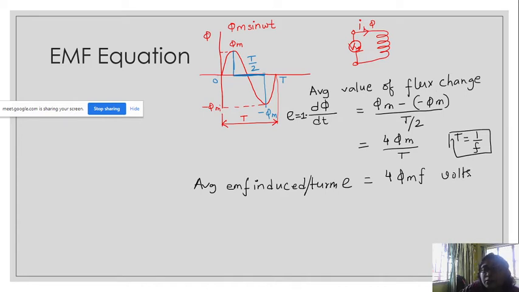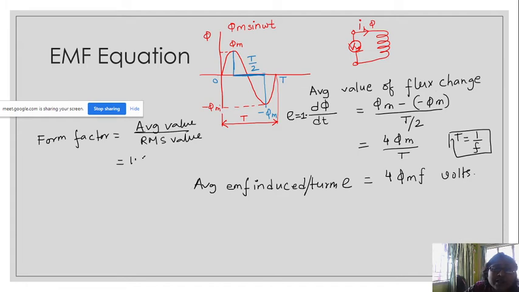Now, when we did single phase AC, there was a form factor. If you can remember, the form factor was basically the average value upon the RMS value, and for a sinusoidal wave shape the value of form factor was 1.11.